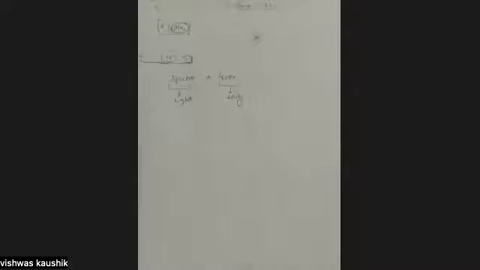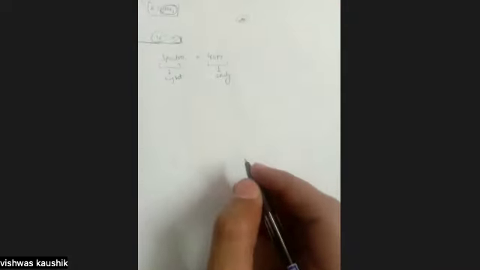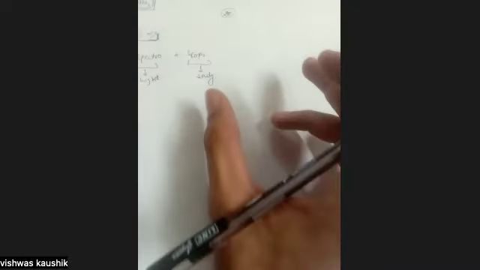What is the difference between wavelength, frequency, and wave number? Sir, the wave looks like this.